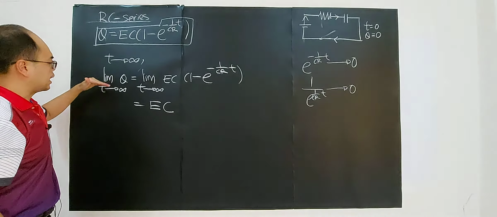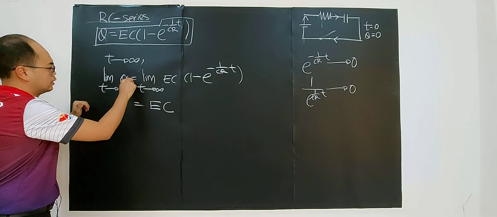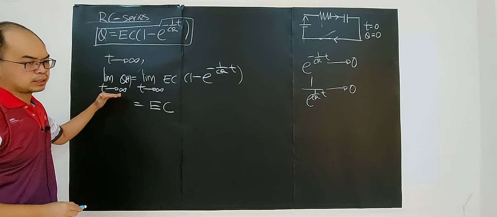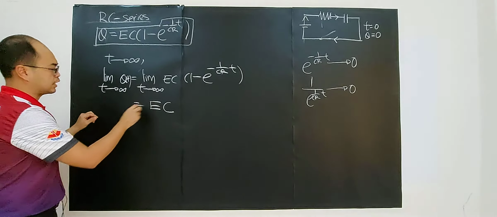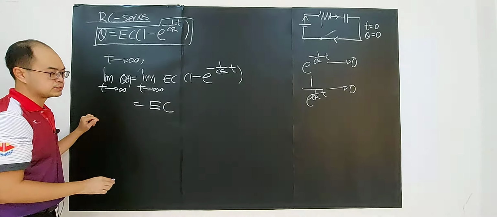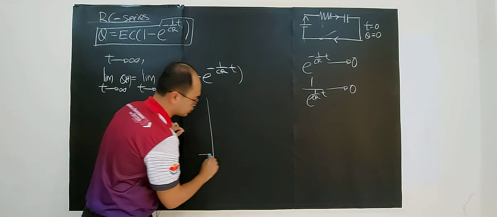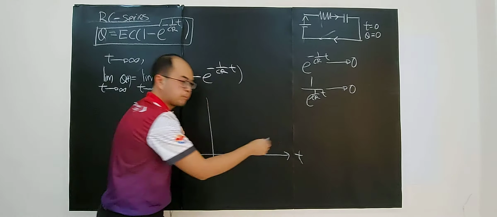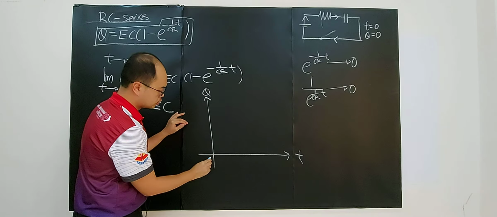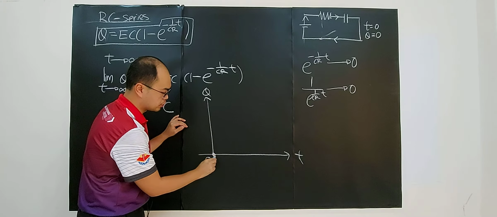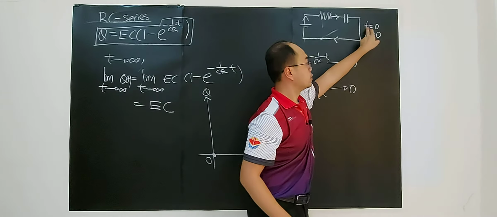So finally, as time approaches infinity, meaning after a very long period of time, the charge will reach EC. If you sketch, this is a deeper knowledge of mathematics, and I'm not going to discuss it in this video. At time 0, the charge is 0.